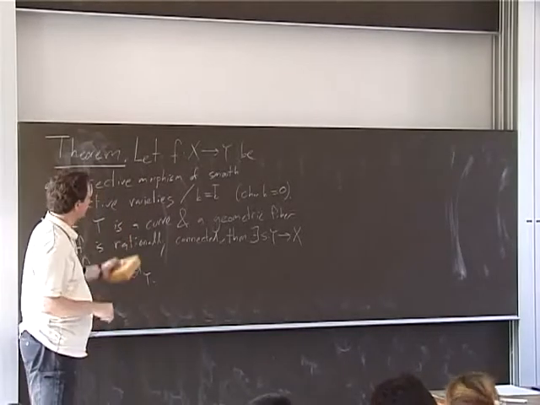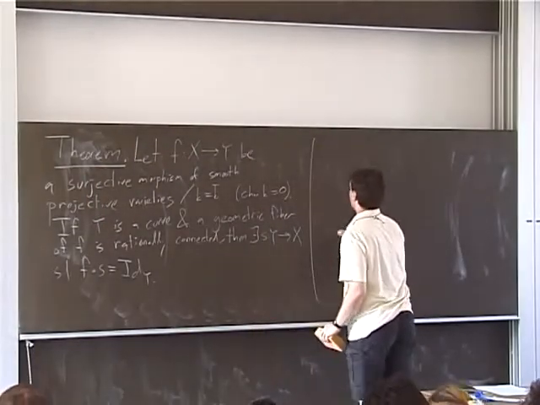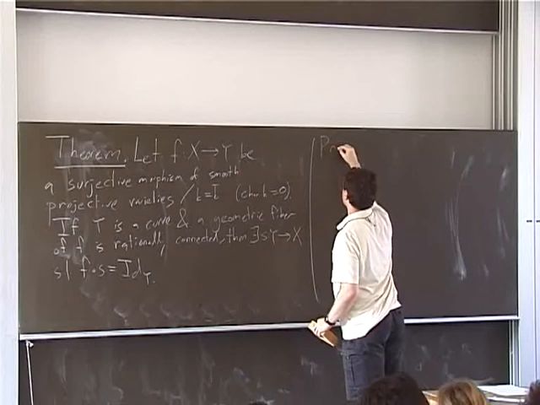So every rationally connected fibration over a curve has a section, and there was a reduction.